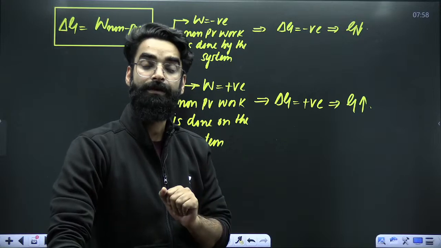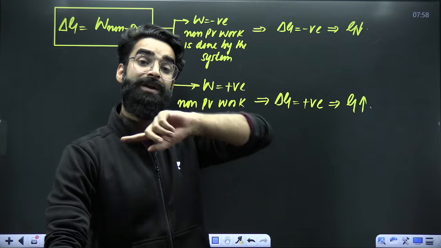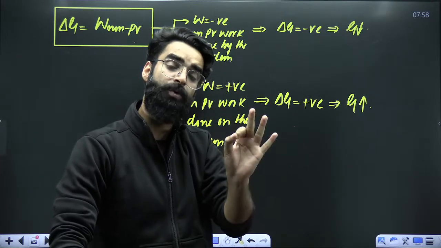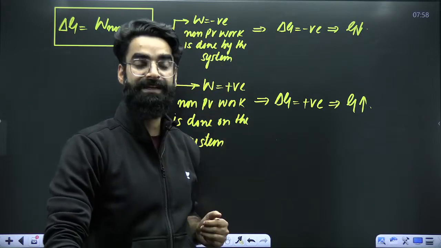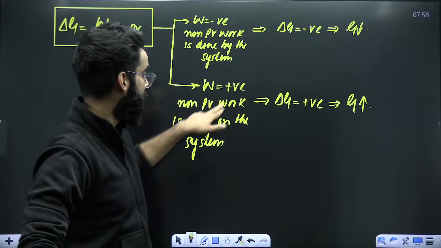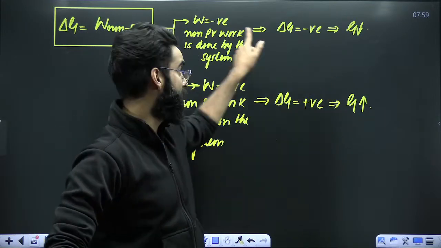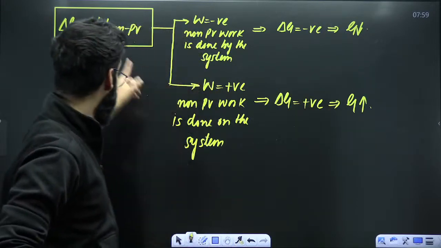But when non-PV work is done on the system, that entire non-PV work is stored in the system in the form of Gibbs free energy, due to which Gibbs free energy will increase with time. Non-PV work done on the system, Gibbs free energy increases. Non-PV work done by the system, Gibbs free energy decreases. Perfect. Do remember this particular result.